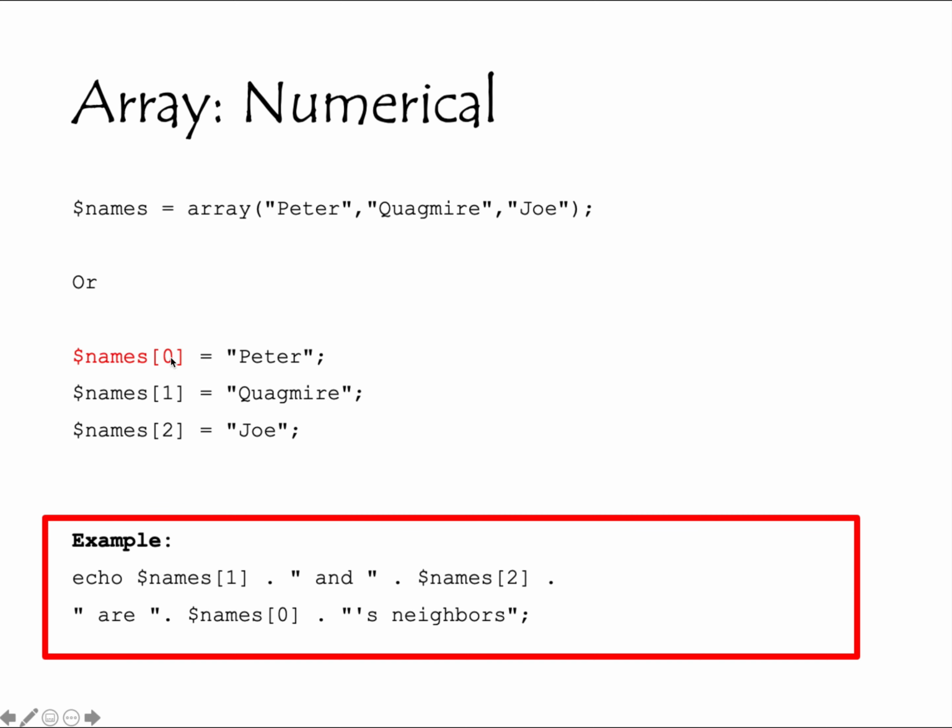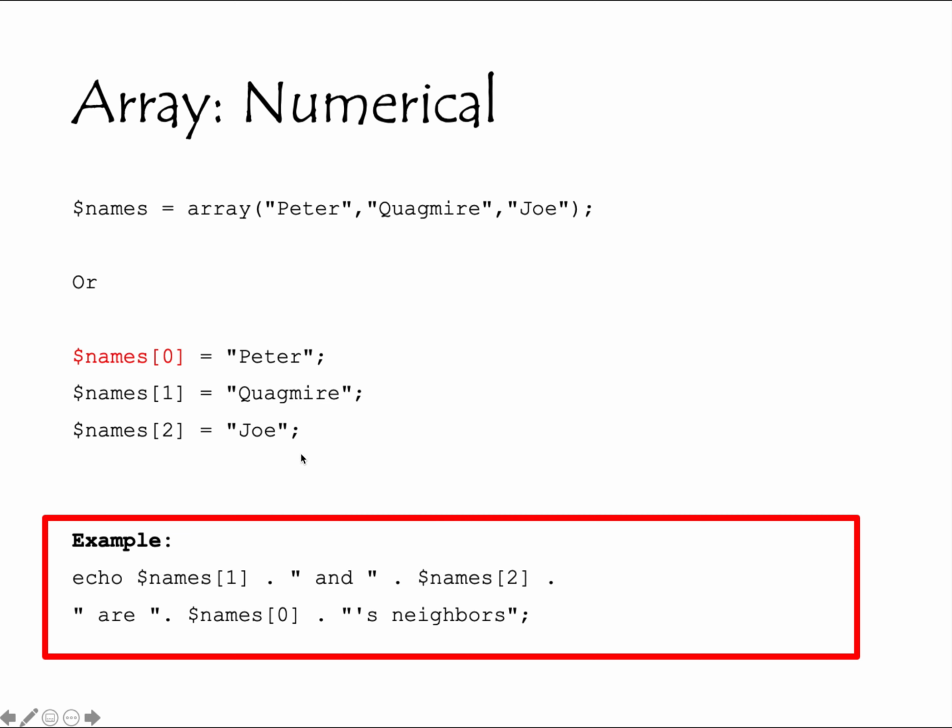Starting from 0, you add 1 and 2 like this. So currently we have 3 values assigned in this names array with index numbers 0, 1, 2. Using this index, you can specify one member of the array variable. The variable is 1, but you have 3 values.